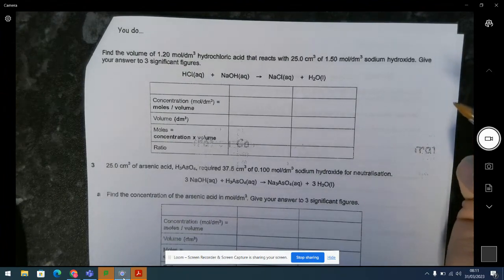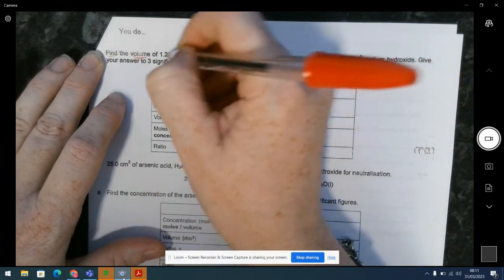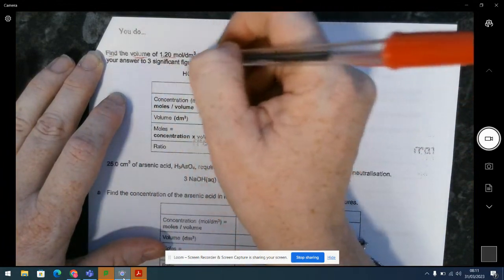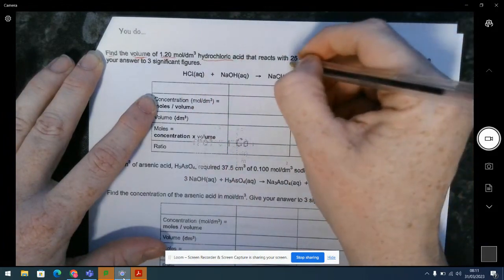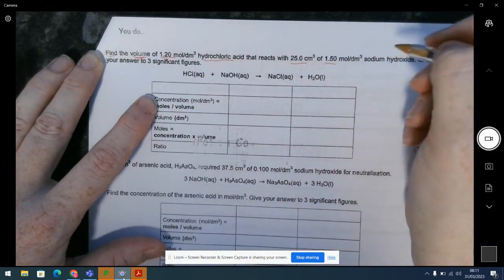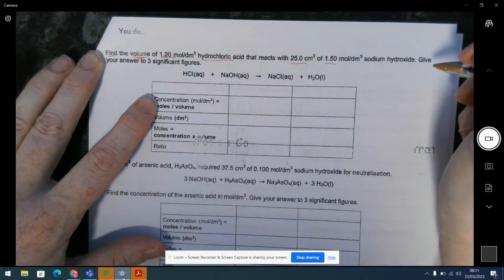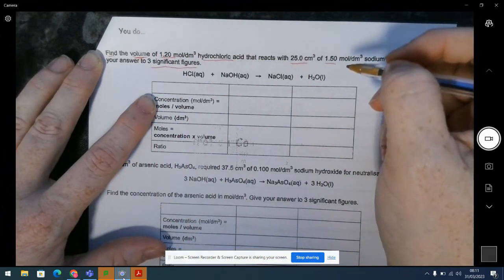So it's asking me in this case to find the volume of 1.2 molar hydrochloric acid that reacts with 25 centimeters cubed of 1.5 sodium hydroxide. And again, I'm giving my answer to 3 significant figures.